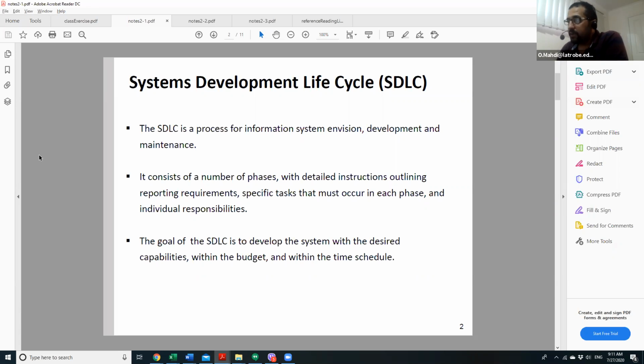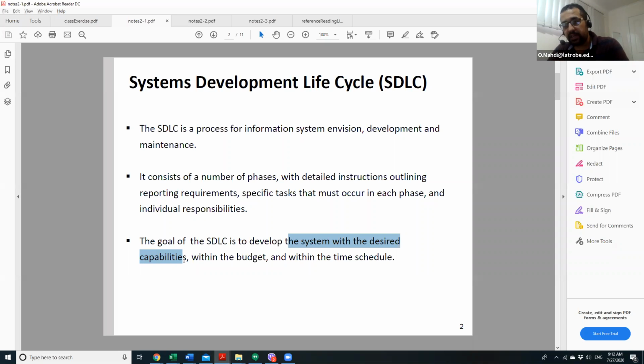So the main aim of developing an information system and following these phases, the life cycle of system development, is to develop the system with the desired capabilities. So when we say desired capability, what does that mean?